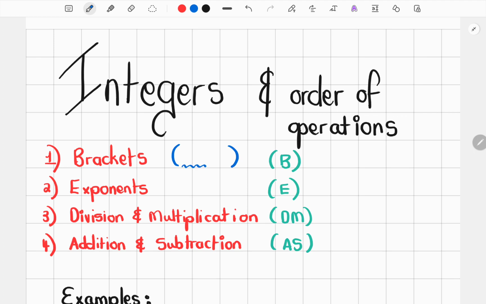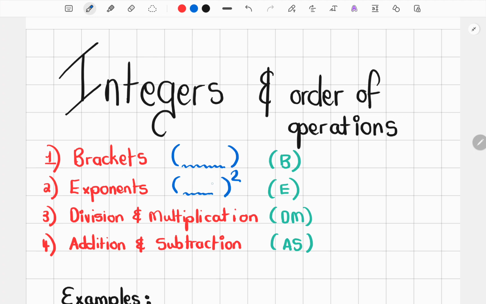If you can simplify inside, that is your first priority, and then exponents. If there is a little exponent sitting at the top, everything inside that bracket is to the power 2. That is law number 1 with your exponents.